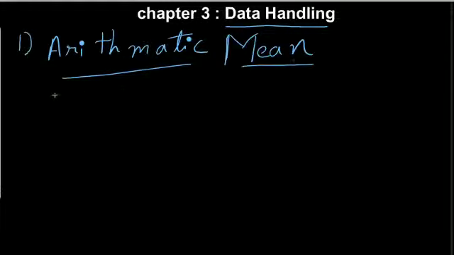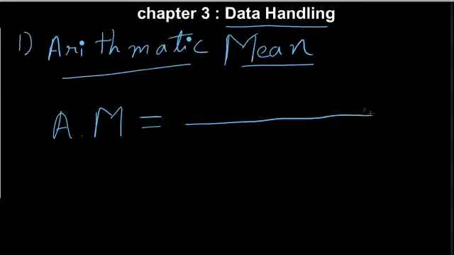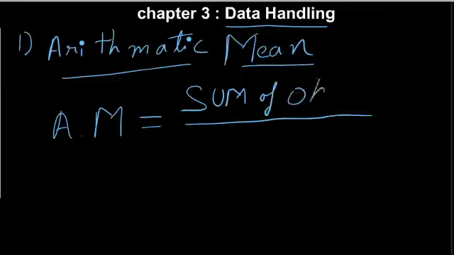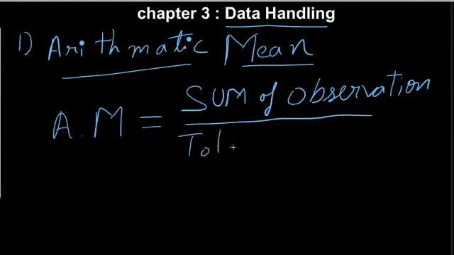Arithmetic mean. So the formula for arithmetic mean is the sum of observations upon the total number of observations.